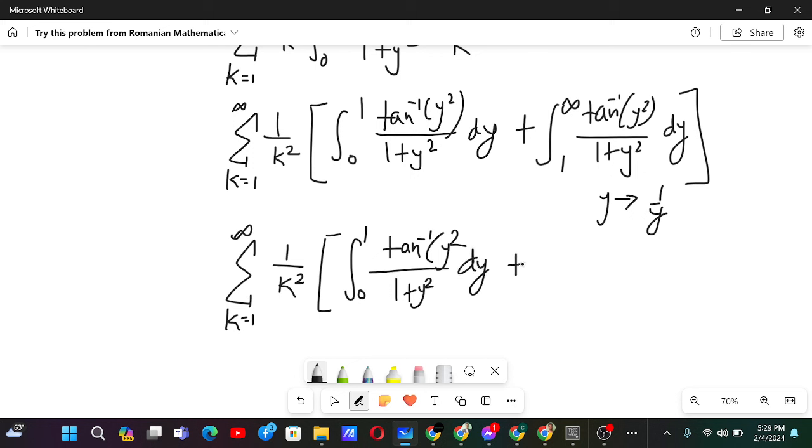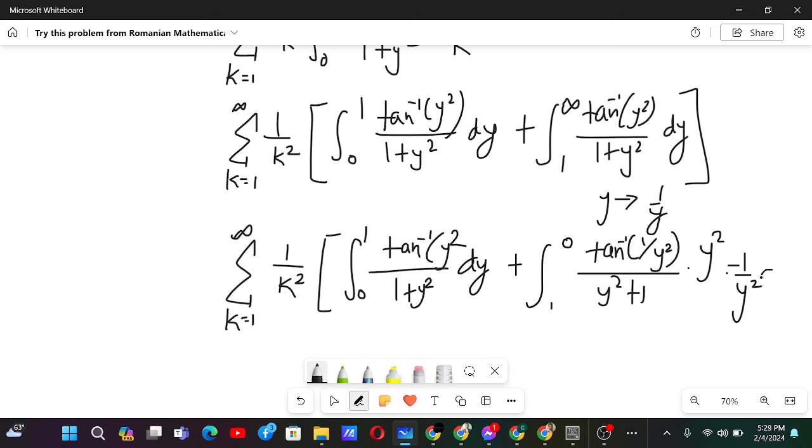And over here this goes from 1 to 0, and now this will be tan inverse of 1 by y square by, if there's 1 by y square, we will have y square plus 1 and then y square over here as well, and dy will be minus 1 by y square dy.